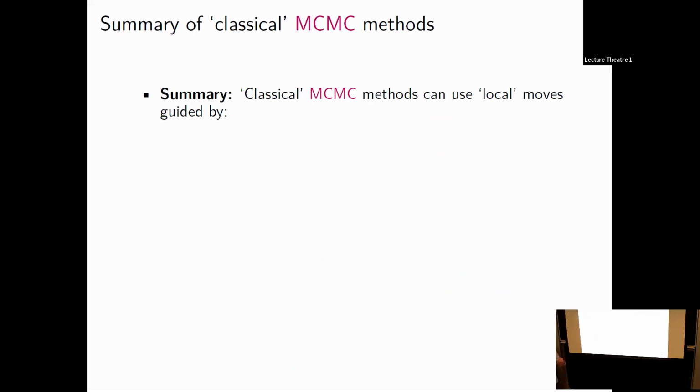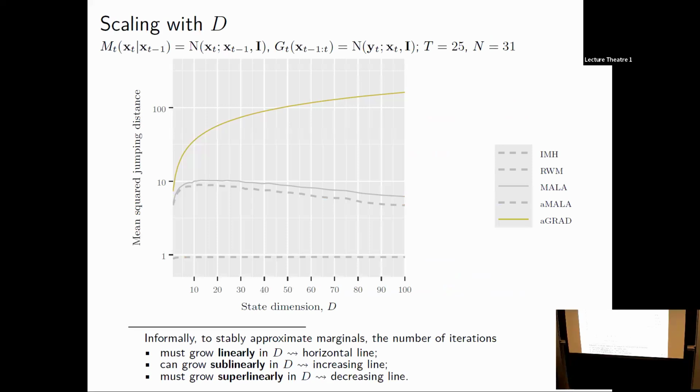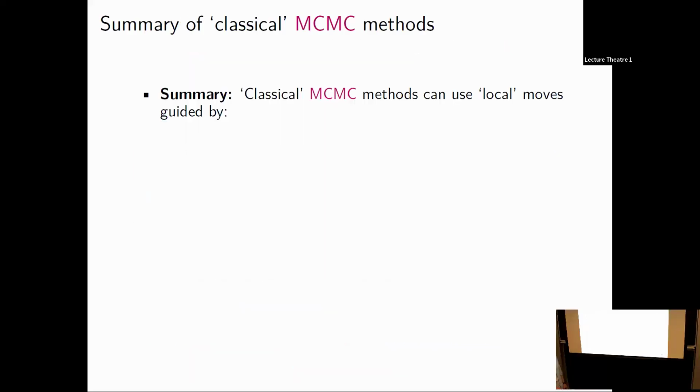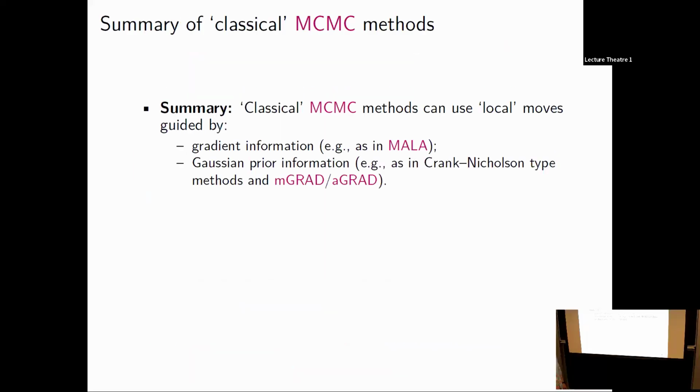Okay, so now you might think, A, haven't we just solved the problem? Because I've shown you a slide which seems to work really well. And B, this is an SMC workshop, and I've just shown you a bunch of MCMC algorithms. Yes, that's true.